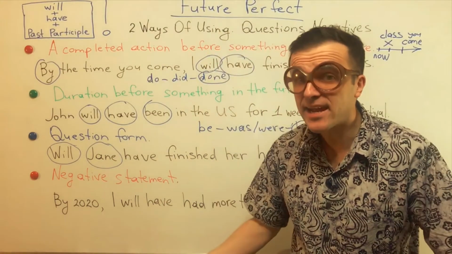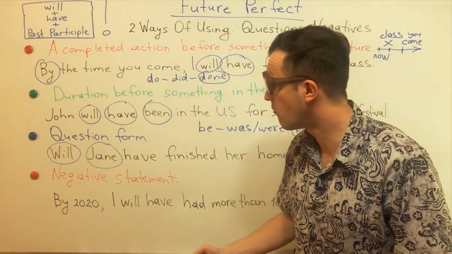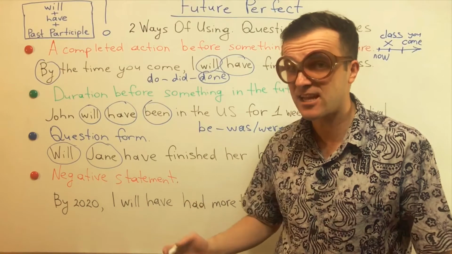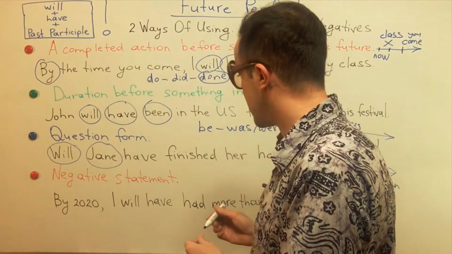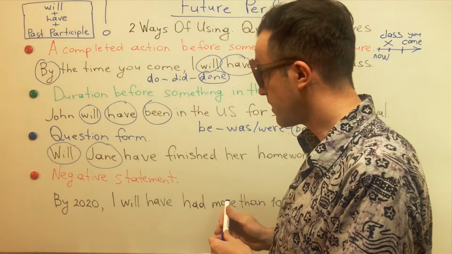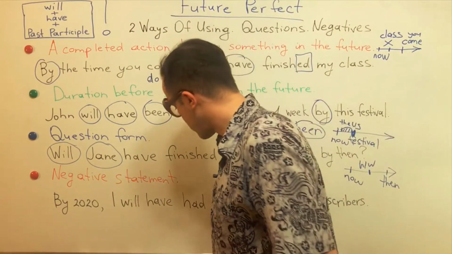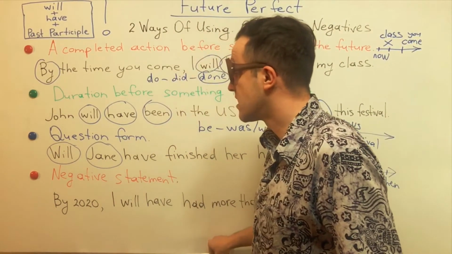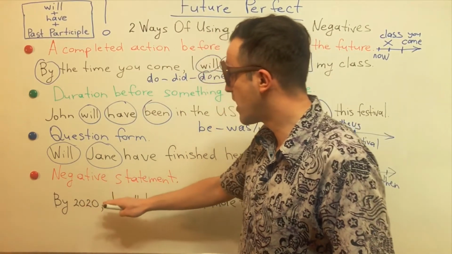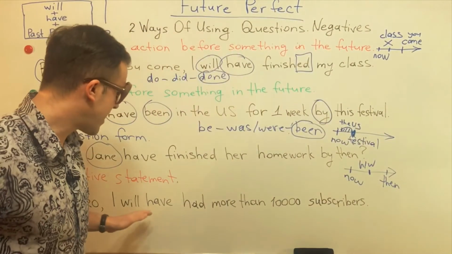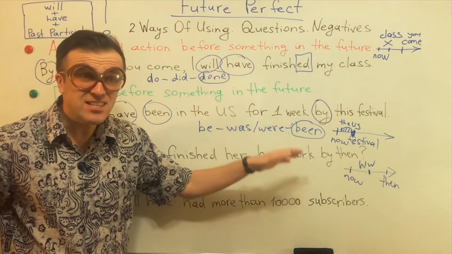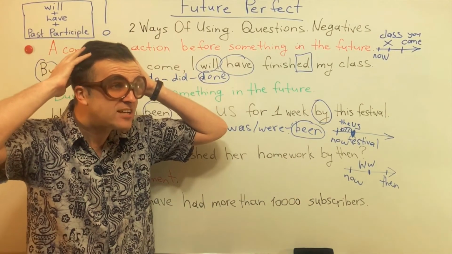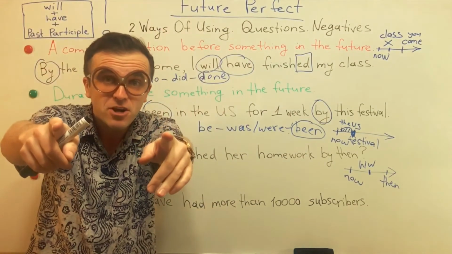And how to make the negative statements. The negative statement is formed very easily. So imagine that there is a sentence: By 2020, I will have had more than 10,000 subscribers. Oh my goodness! I'll be rich because of you guys.